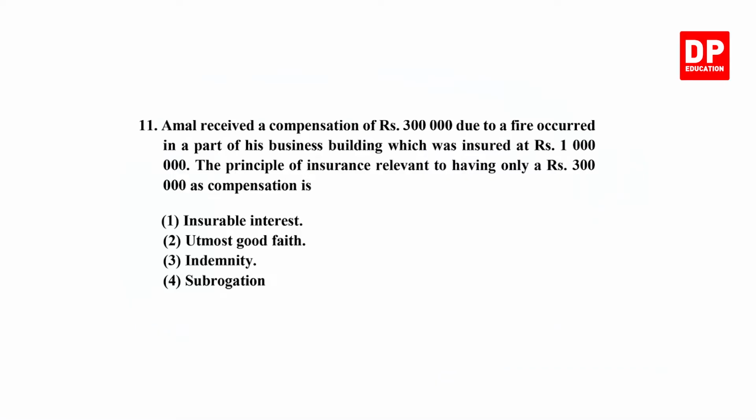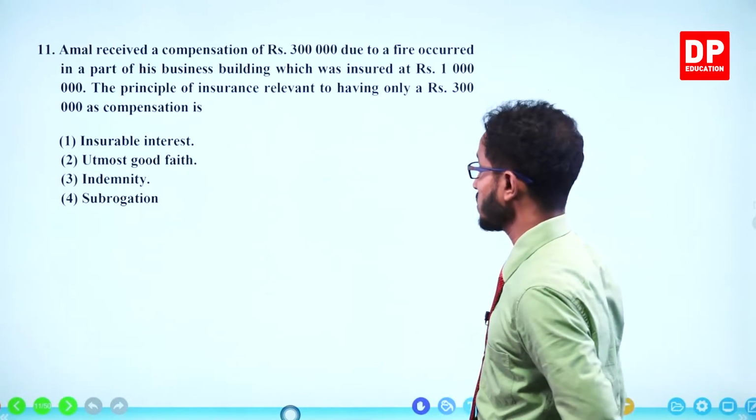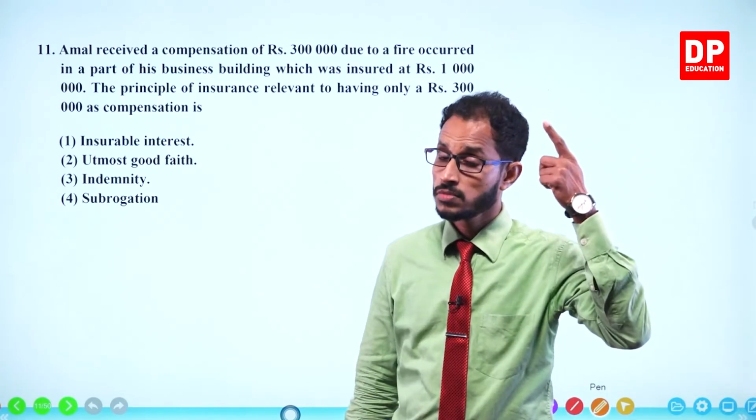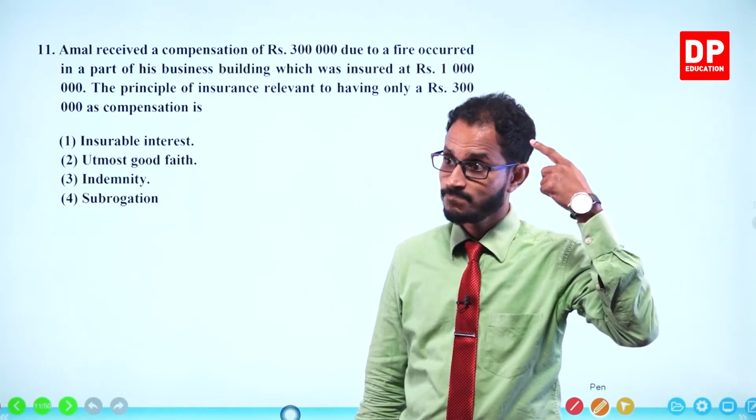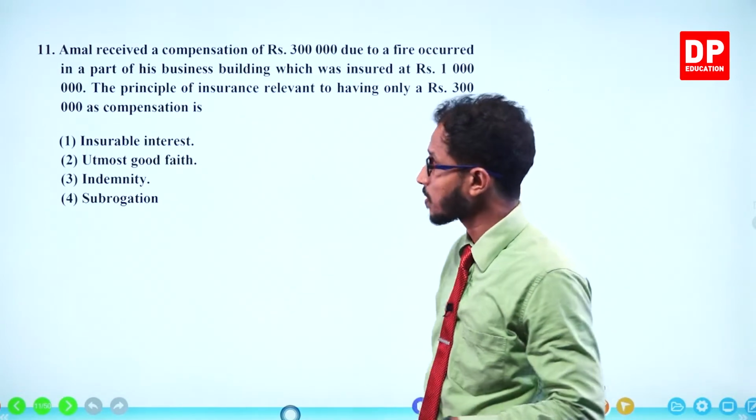Amal received a compensation of 300,000 due to a fire that occurred in a part of his business building, which was insured at rupees 1 million. The principle of insurance relevant to having only 300,000 compensation is, now this should be very well analyzed.